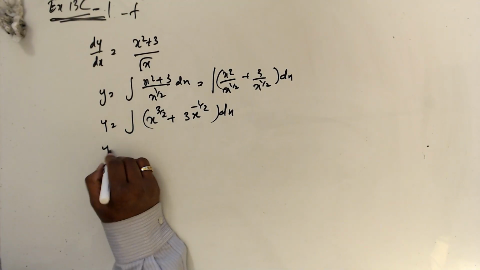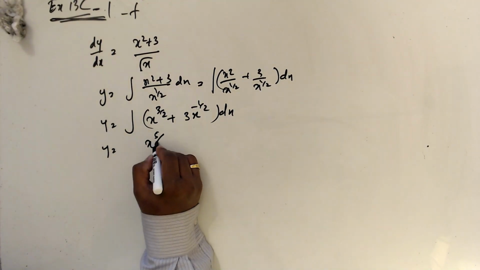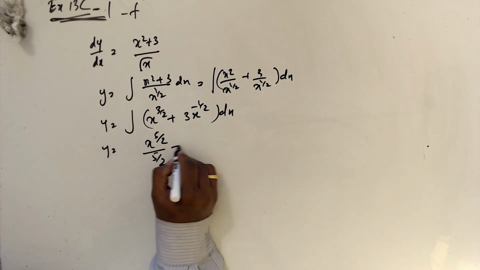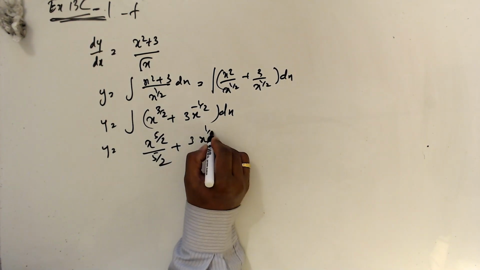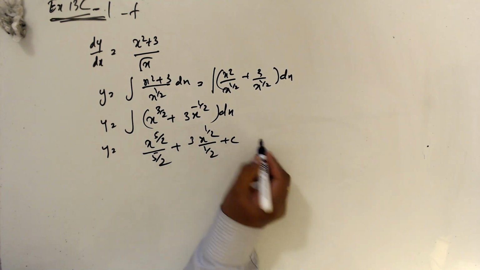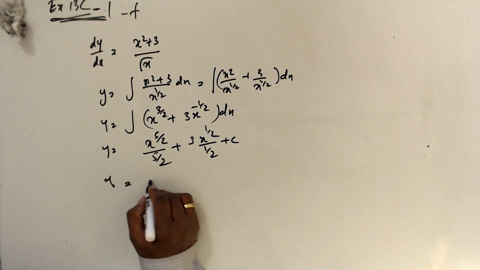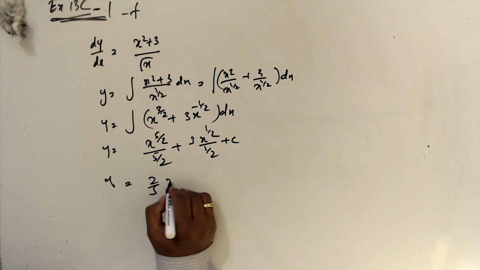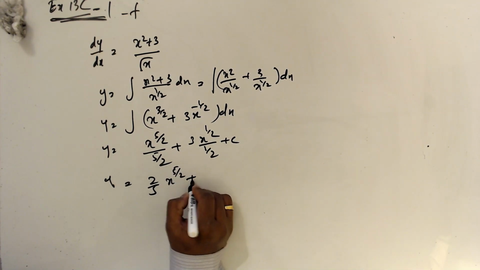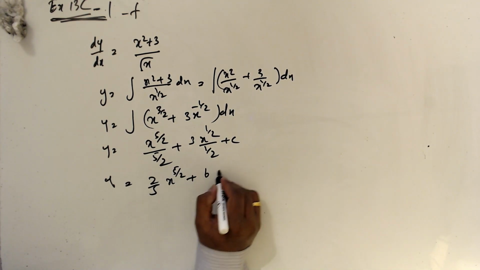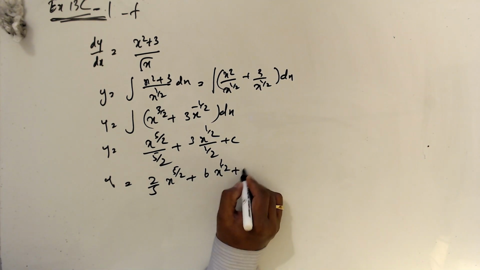So this is y equals x^(5/2) over 5/2, 3x^(1/2) over half plus c. So y equals 2 over 5 x^(5/2) plus 6x^(1/2) plus c.